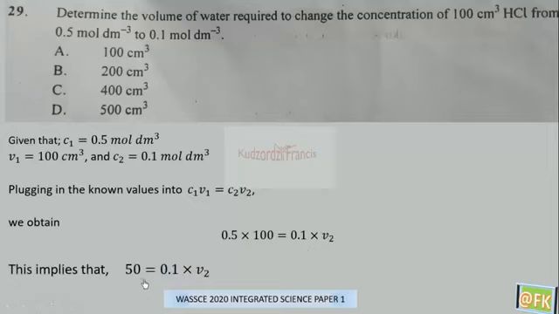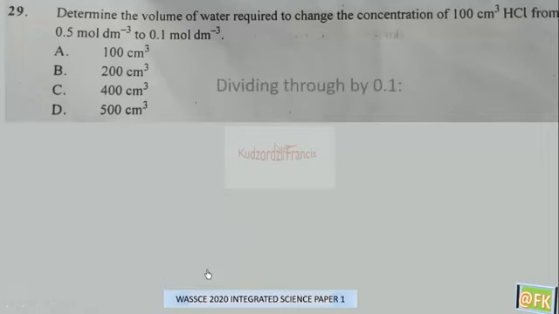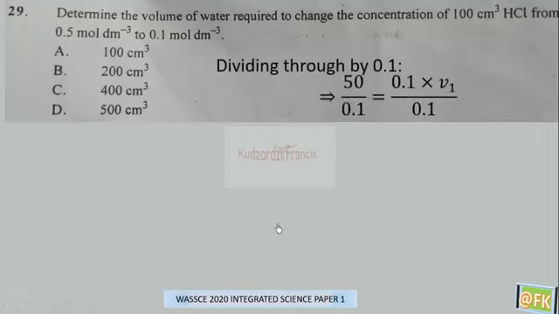This implies that 50 is equal to 0.1 by V2. So to get V2, we divide through by what? 0.1. So that gives us V2 to be equal to 500 centimeters cube.